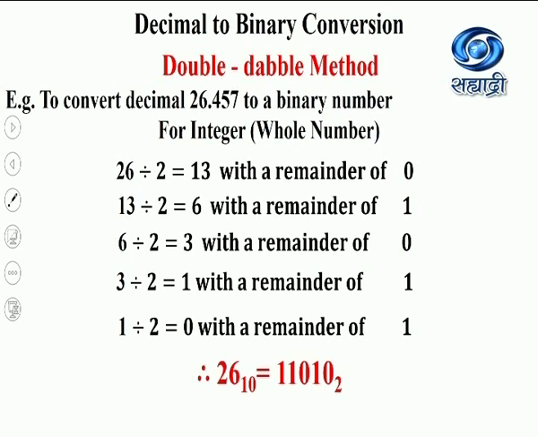While doing so, we note down the remainders every time, and we continue this procedure until we get the quotient as 0. So for the integer part of the decimal number, that is 26, we have the binary number 11010, by taking all remainders in reverse order, that is from bottom to top.